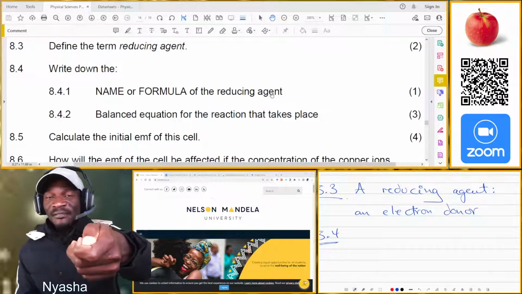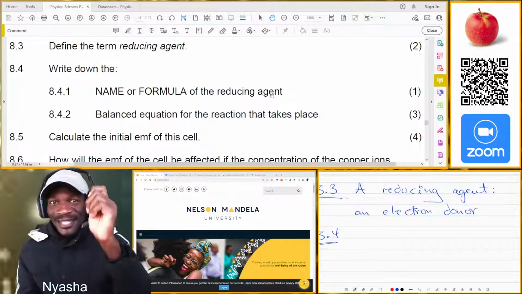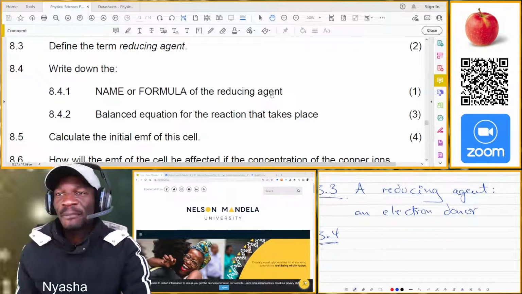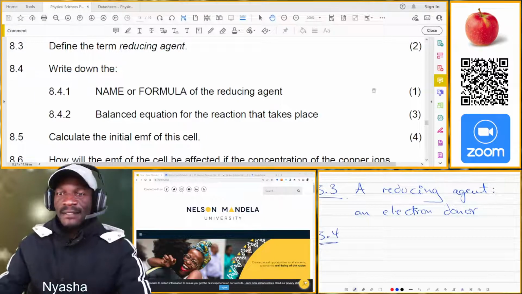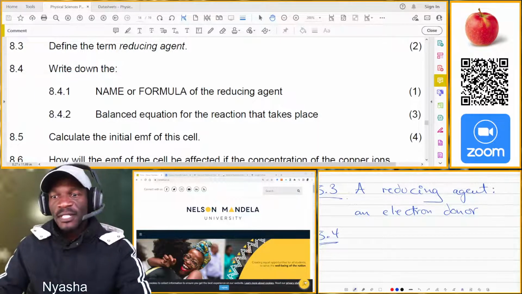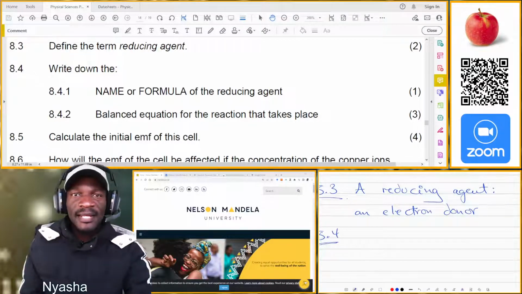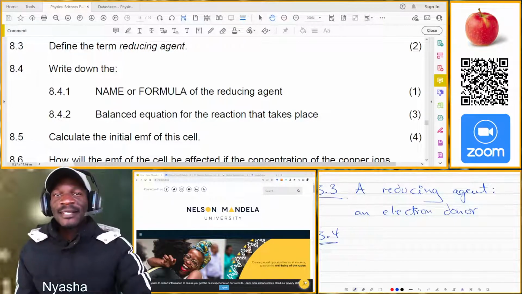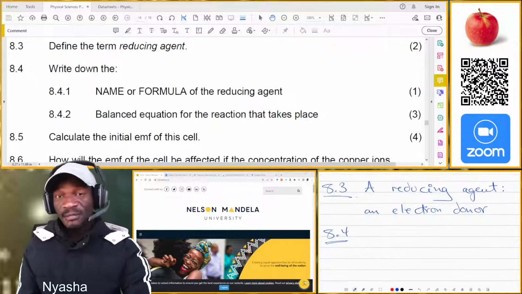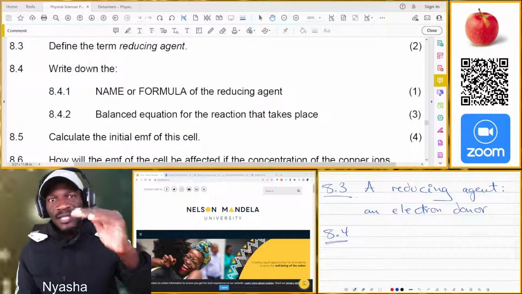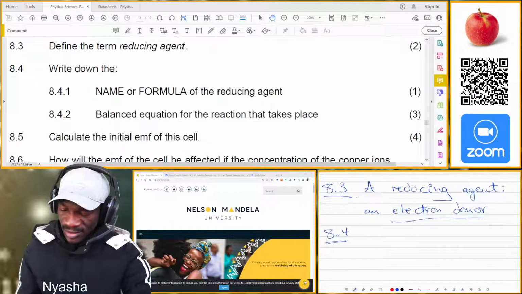If you give a negative charge to something that is negatively charged, you're actually further dropping its electric potential. The reverse is also true. If you've got a species that is positively charged, and then you supply a negative charge, you actually reduce the quantity of their positive charge. So it can still be positive, but less. So that's the reduction process. So a reducing agent is just an electron donor.